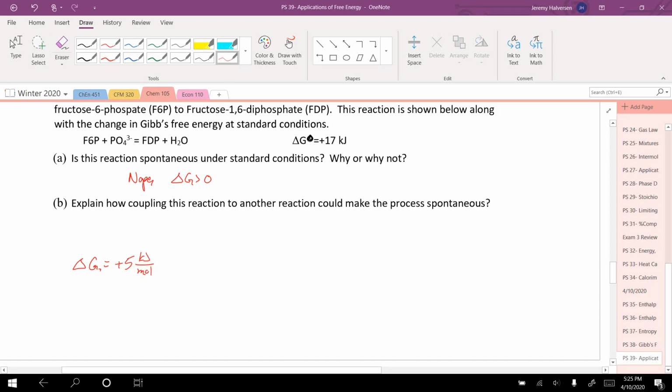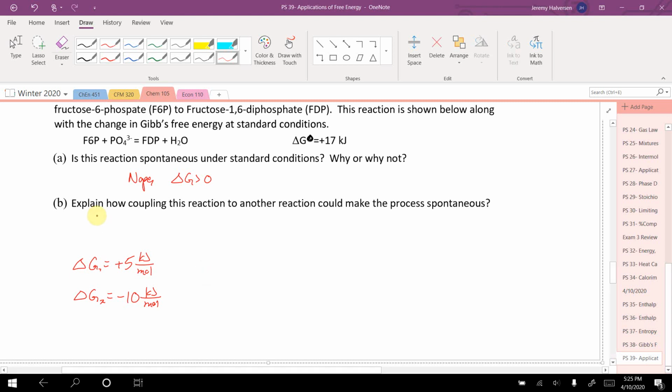But what I can do is take that reaction and run it in the exact same place at the exact same time as another reaction that has a negative delta G. So let's say I run reaction 2 and it releases 10 kilojoules per mole of free energy, which can then be absorbed by reaction 1 to make it happen. That's called coupling reactions, putting a very spontaneous reaction with a non-spontaneous reaction so that both happen together.